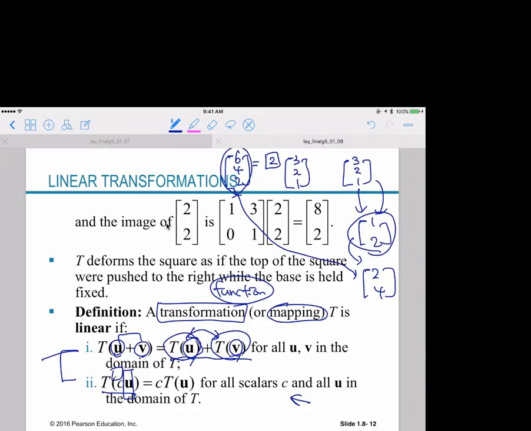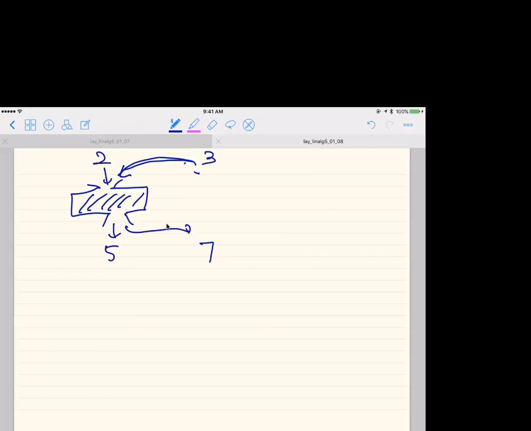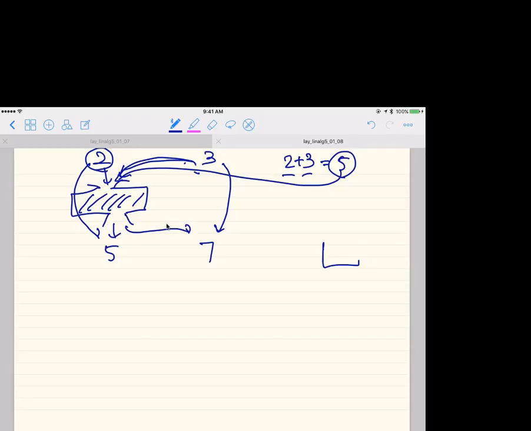The first requirement says: what if you add these two inputs first, 2 and 3, which is 5, and give this 5 as an input to this function? What should the result be?